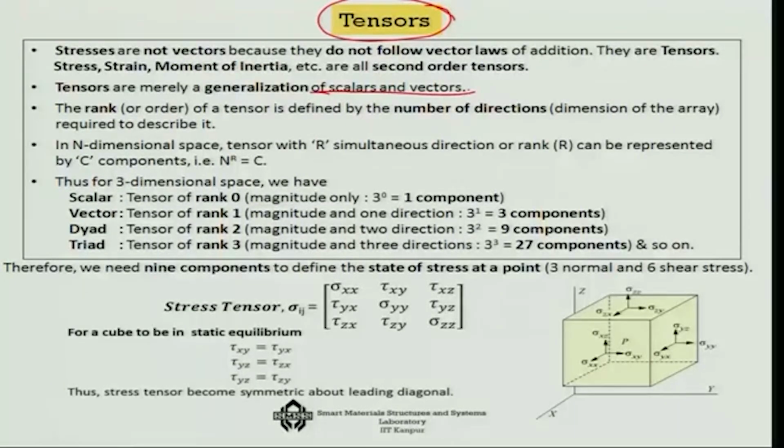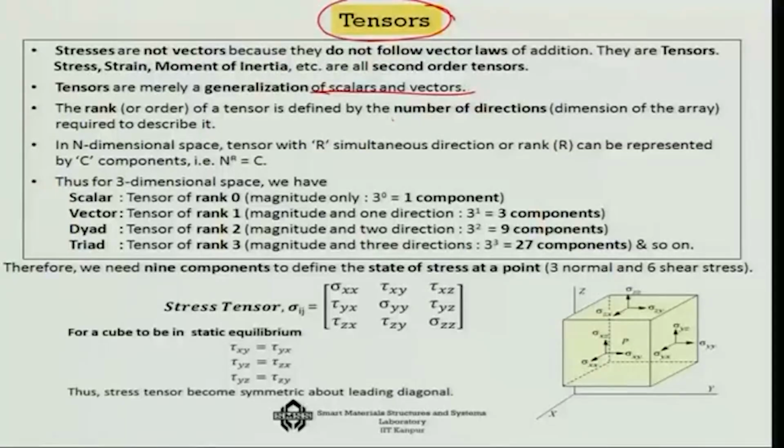Now, how do we define the tensor for, say, stresses and strains? Before we say that, we can also show how scalars and vectors could be special cases of tensors of certain ranks. The rank of a tensor is defined by the number of directions or dimension of the array that is required to describe it.